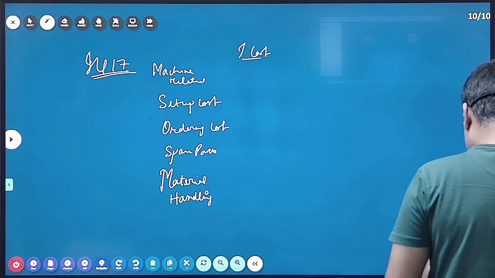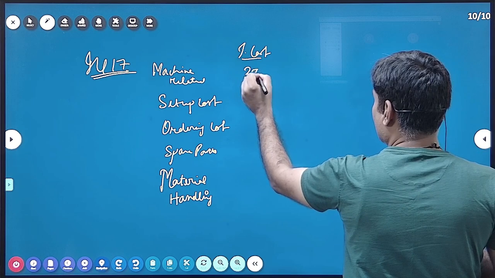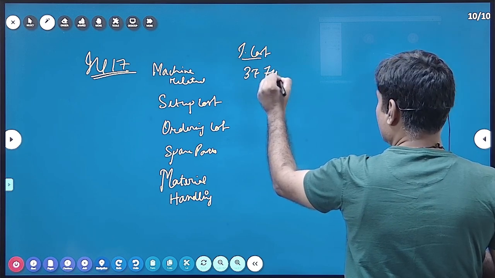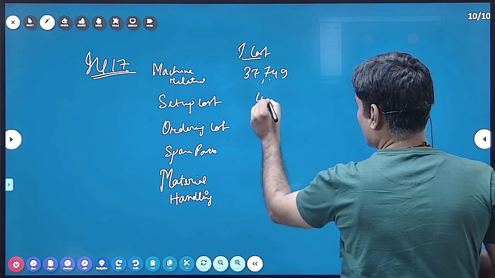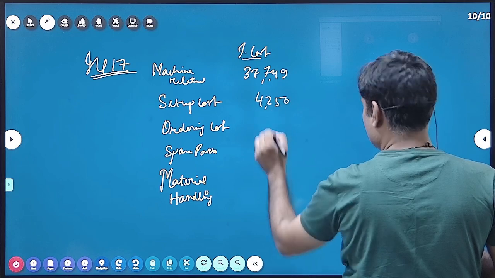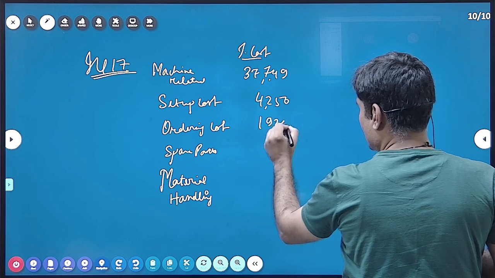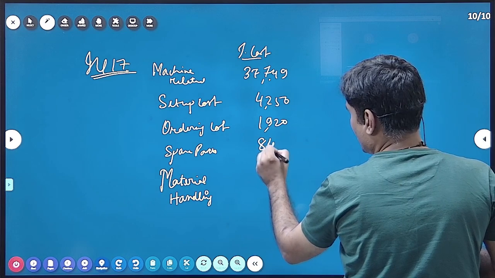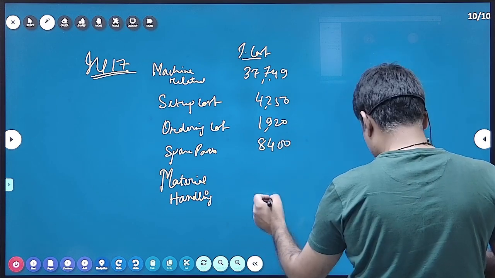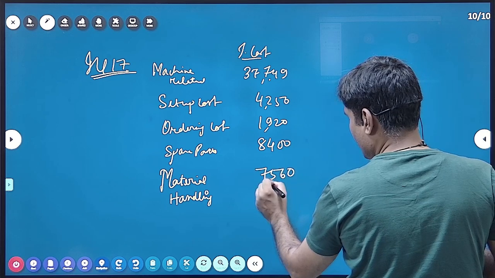What is the total cost for machine related? 37,749. Setup cost is 4250. Ordering cost is 1920. Spare parts is 8400. Material handling is 7560.